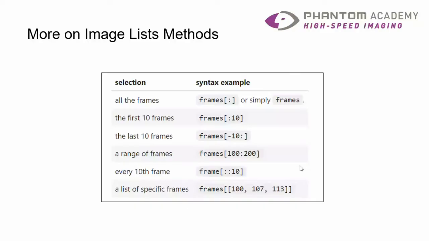If you want a range of frames, you could go from 100 to 200. If you want every 10th frame, or if you want to do something called decimation, you would do :: and then the decimation, for example ::10 would be every 10th frame. And if you wanted a list of specific frames, you could use 2 brackets and pick the frames that you want to grab from that list. So you have 100, 107, and 113 in this particular example. Okay.